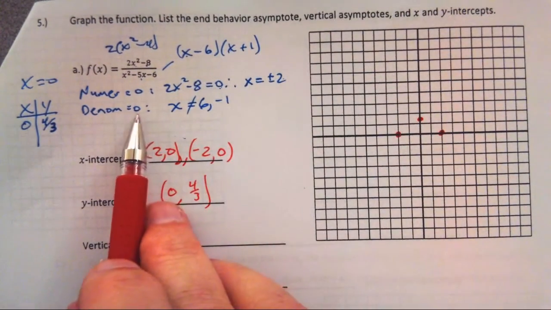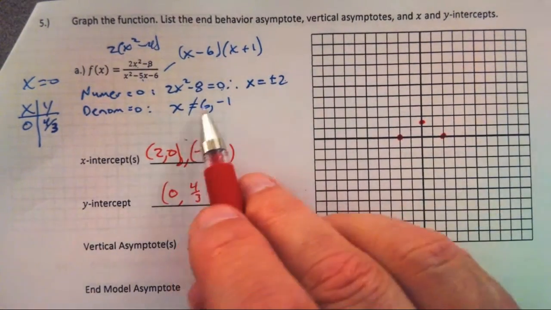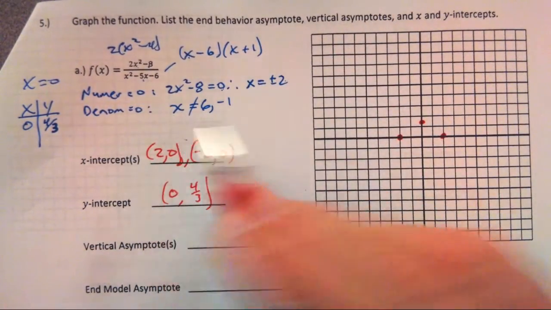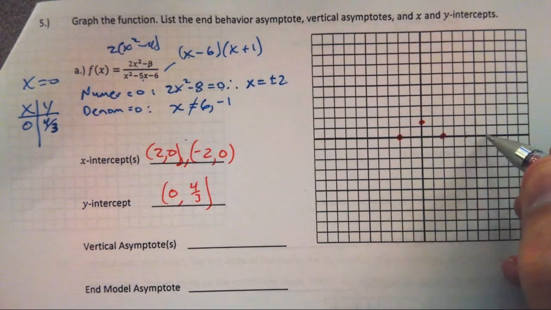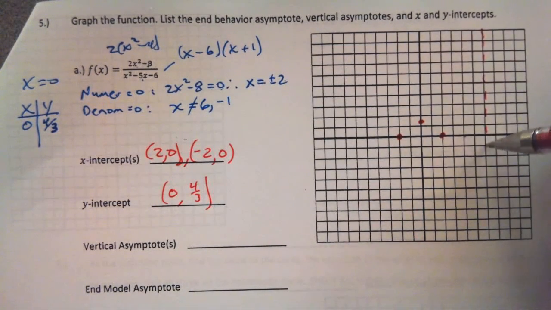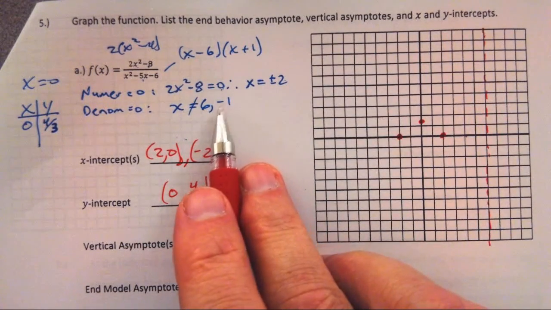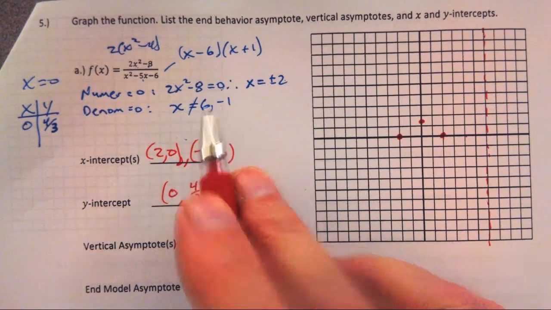And the denominator can't equal 0, so x cannot be 6. Since that's not a 0 that causes problems in the top, I don't have the matching factor at the top, we expect a vertical asymptote at x equals 6, and a vertical asymptote at negative 1.